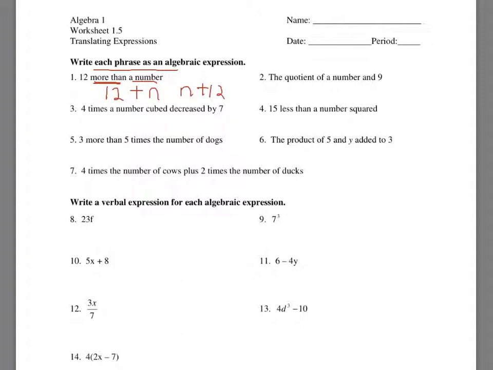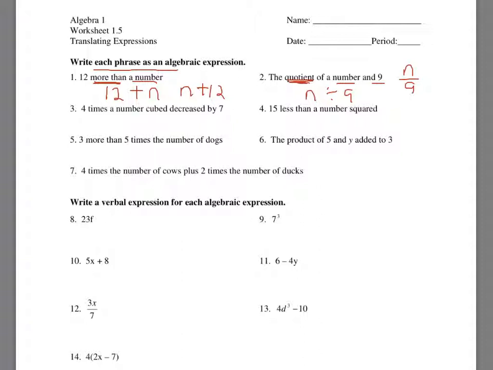Number 2, the quotient of a number, quotient is the key word, of a number and 9. So division, it matters the order, so you have to do it in the order that it's written. So the quotient of a number n and 9. So n divided by 9.